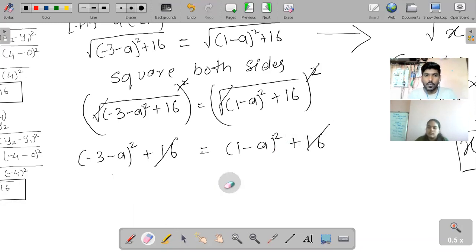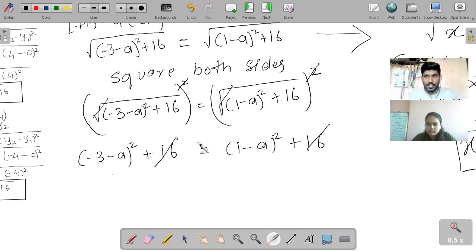In simple words, if you take this plus 16 to the other side, it becomes minus 16, and 16 minus 16 gets cancelled. So just to avoid that step of taking it to the other side and then cancelling it, the simple way is: there is an equal to sign, and on either side of the equal to sign, the same numbers are present.